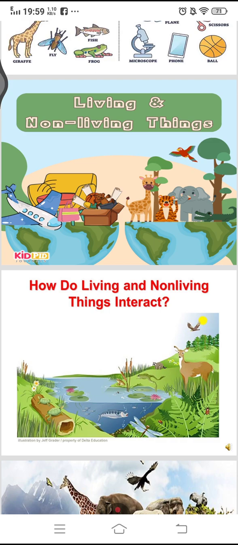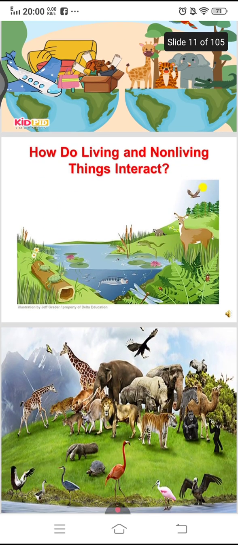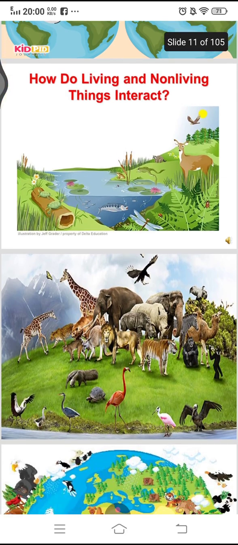And water is also a non-living thing, and water is life, as we know. Okay, in this manner the non-living things interact with the living things, and they are helpful for the living things.